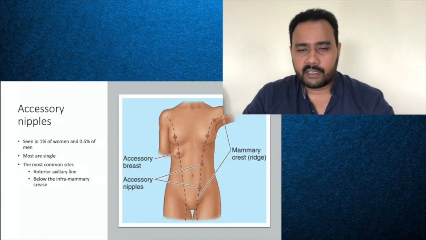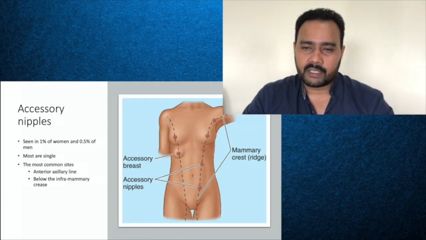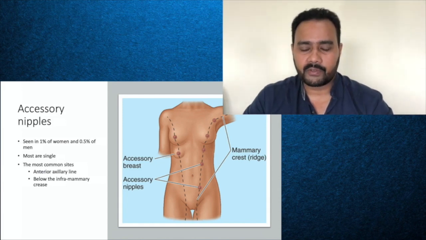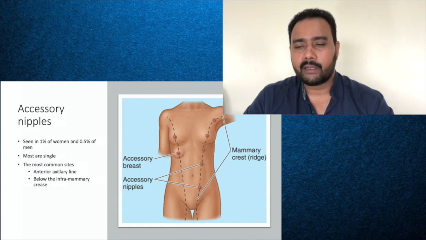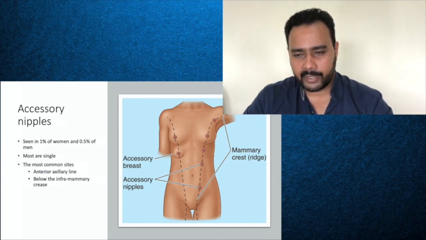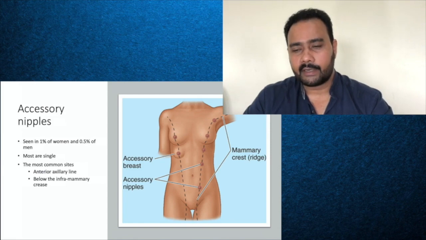Accessory nipple is one of the congenital anomalies, seen in about 1% of females as well as 0.5% of males. You can see there is a line called the milk line, or the mammary line. The mammary line starts from the anterior axillary line and runs below to the inguinal region.